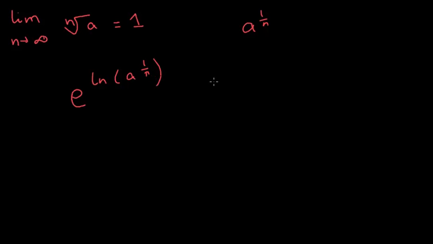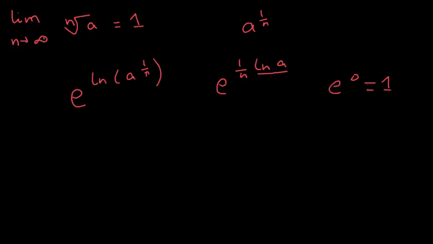And by using simple rules of logarithms, it should be e to the power 1 over n times ln a. ln a is a constant, 1 over n tends to 0, so this power tends to 0, and e to the power 0 is 1, so this limit tends to 1.